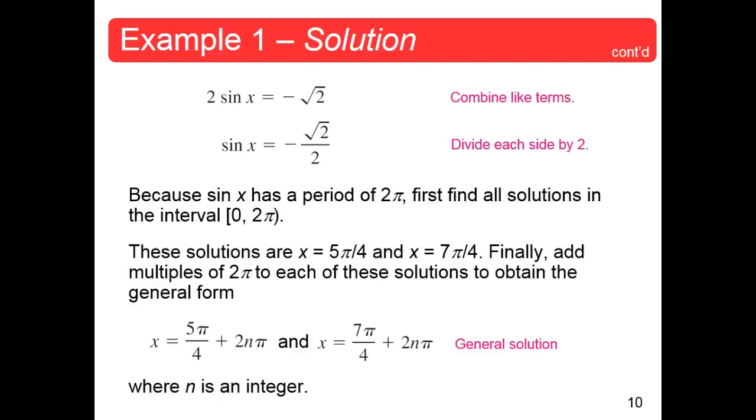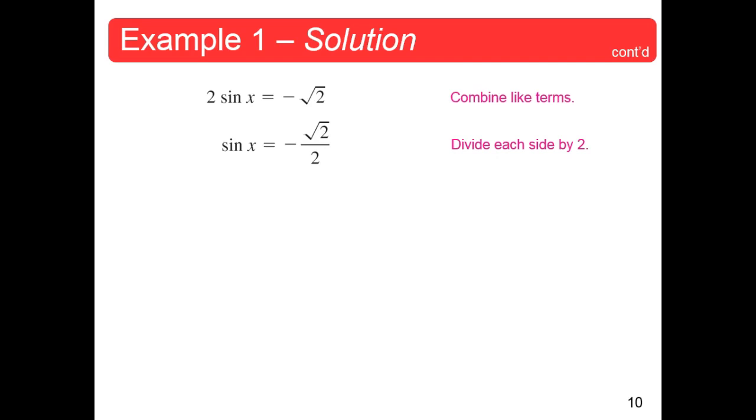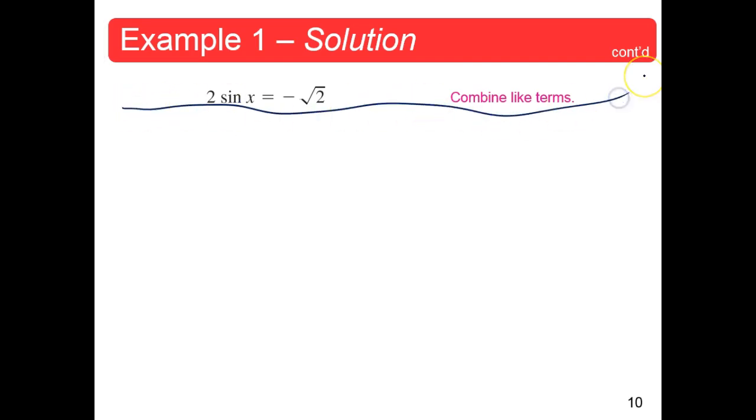So let's back up and do example 2 here. Solve this: 3 times tangent squared x minus 1 is equal to 0.